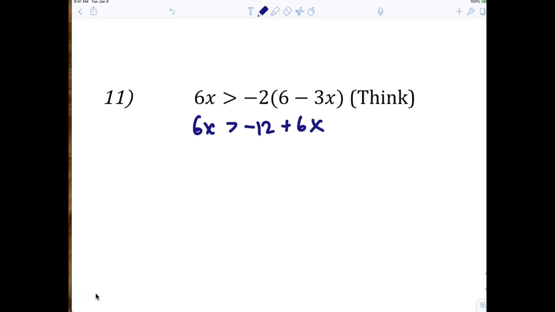Yeah, because a number, and then if you take that number and subtract 12, that number is always going to be what? Always going to be, yes, less than. So 0 is greater than negative 12. Do you agree? So then we know it's what? All real numbers.